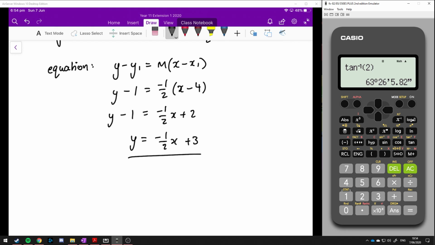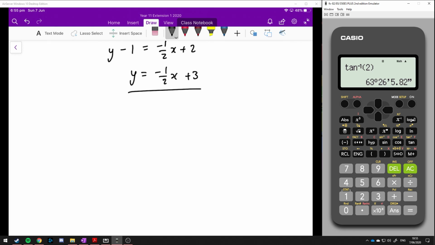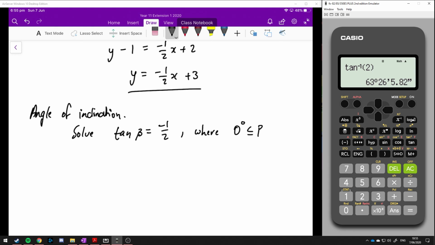Our next step is to work out what our angle of inclination is. We're just going to solve tan beta is equal to negative 1/2 for this one, where beta is between 0 and 180 degrees.